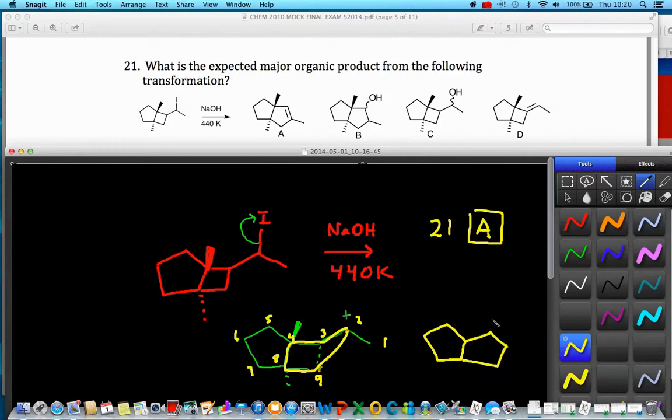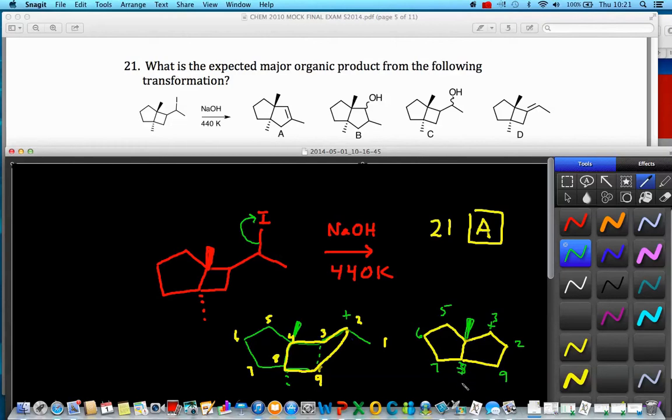So we have this 5-membered ring. Let's go ahead and label 5, 6, 7, 8, 9, 2, 3, and 4. The positive, of course, we have a methyl group. 3 has the carbocation.